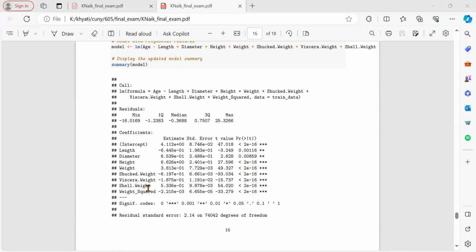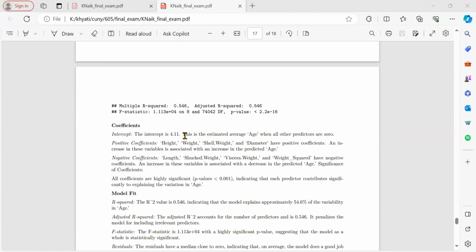And all coefficients are highly significant since the p-value is less than 0.001, indicating that each predictor contributes significantly to explaining the variation in the age. And here we can see that our R-square is 0.546, which indicates that the model explains approximately 54.6% of the variability in the age, and our adjusted R-square is 0.546.